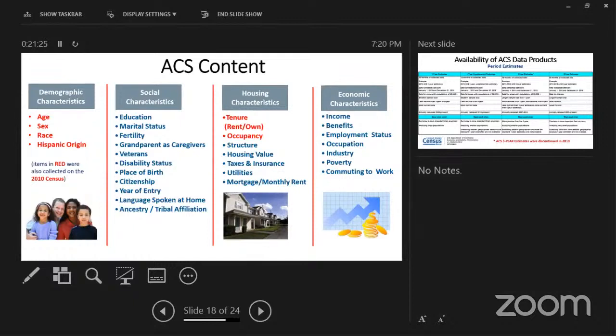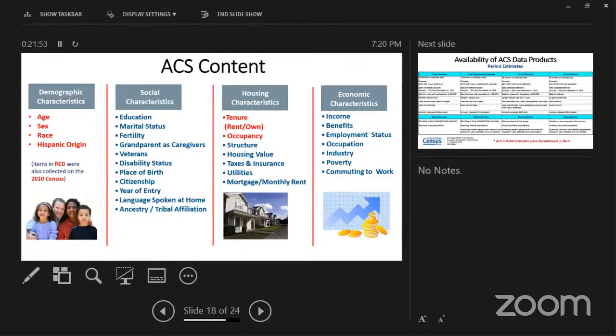And we have any number of housing characteristics as well. Do people own or rent their homes? When were the structures built in your county and your city? What are the homes worth? Taxes and insurance, utilities, and mortgage and monthly rent. And then we've got any number of economic characteristics as well, such as household income.